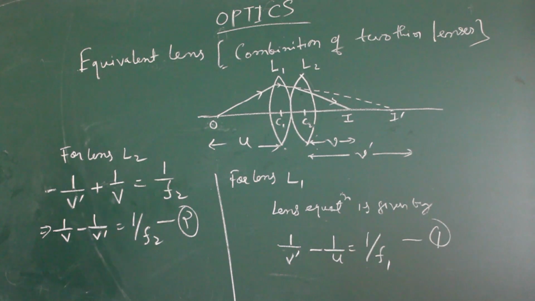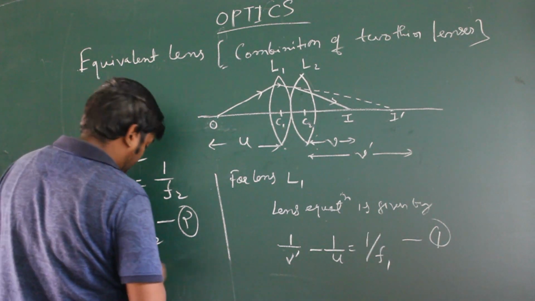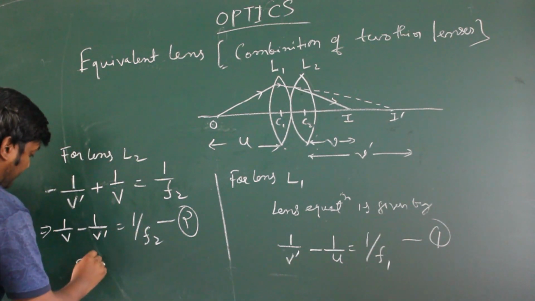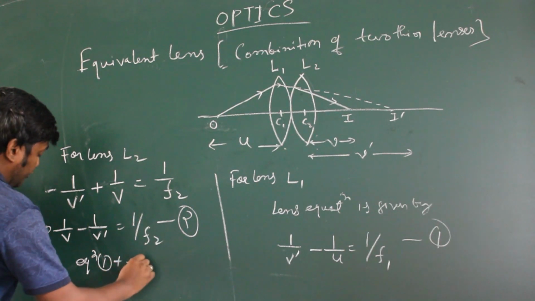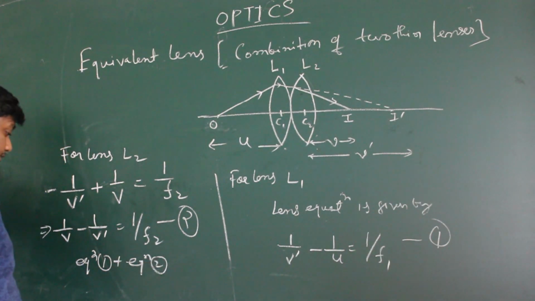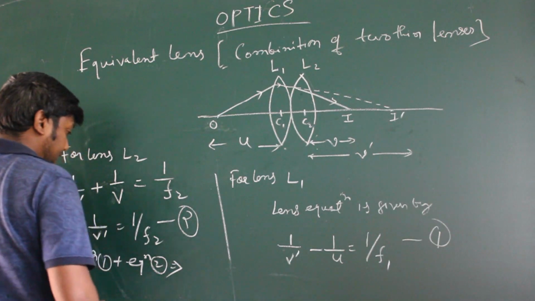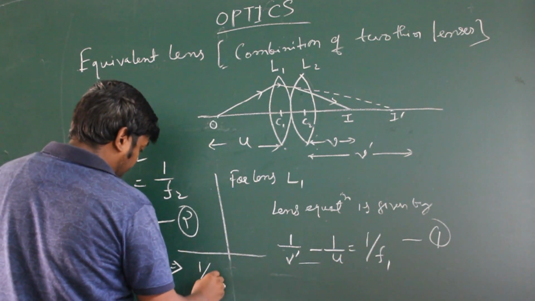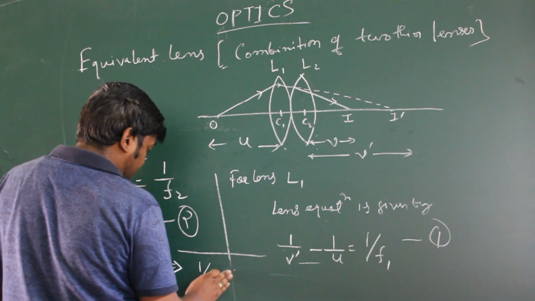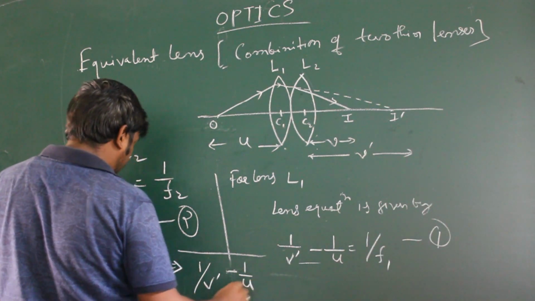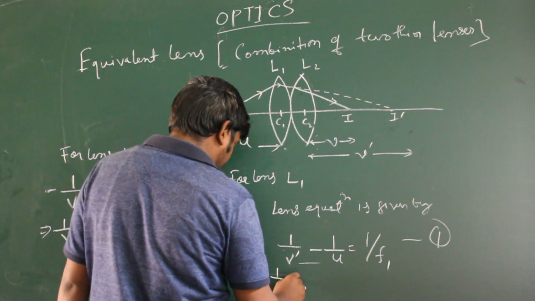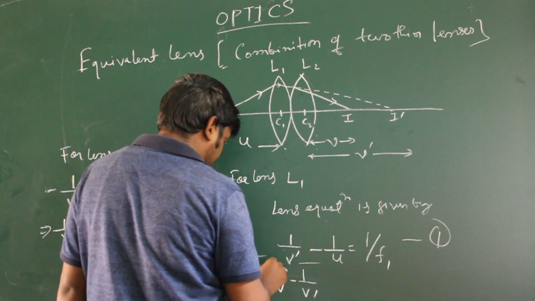Now we add equation 1 and 2. What will we get? Equation 1 is 1 by V dash minus 1 by U. Equation 2 is plus 1 by V minus 1 by V dash.